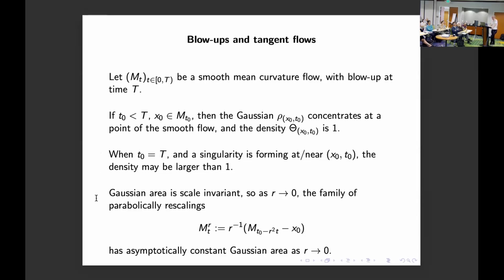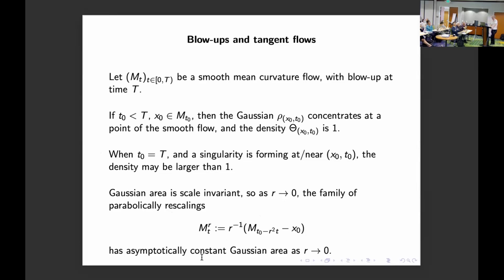Another feature is that the Gaussian area is easy to check to be invariant under parabolic rescaling. What that implies is that if you look at this family of rescalings that I discussed before, you choose a point in space-time, translate it to the origin and start dilating, the flows that you see will have Gaussian area that's closer and closer to the Gaussian density of the mean curvature flow at that point in space-time.